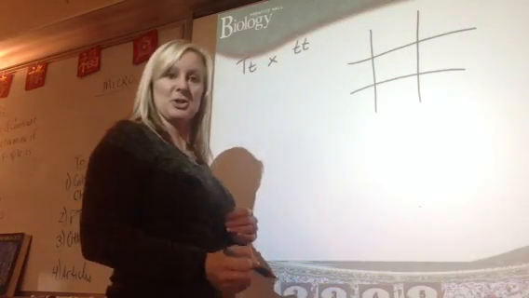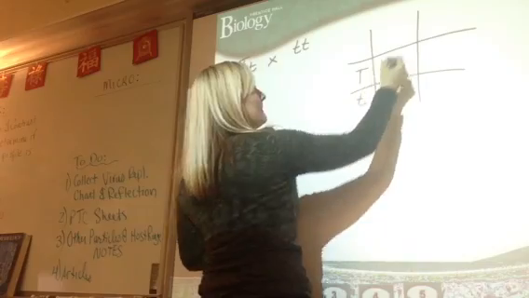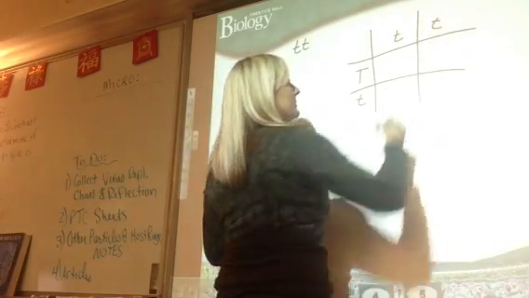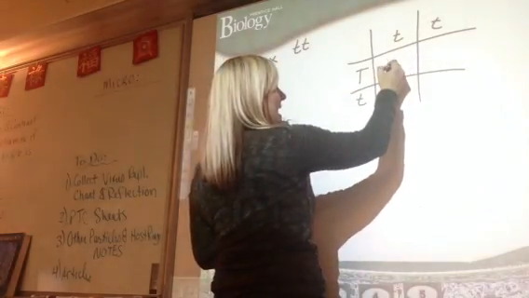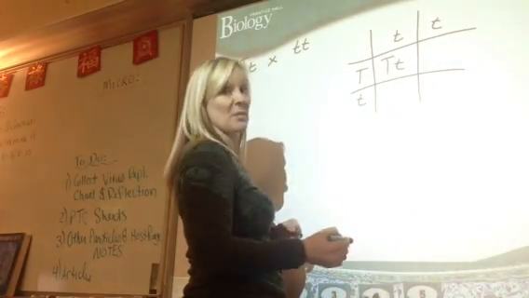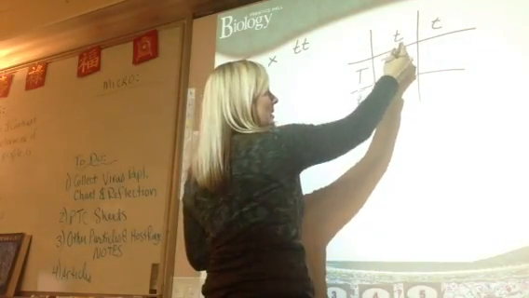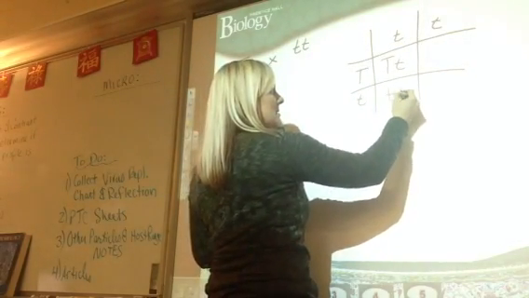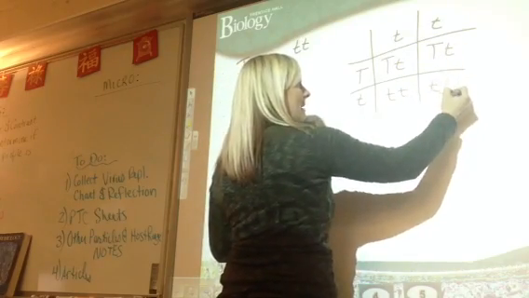Do this one on a separate sheet of paper, see if you can get it. 1 parent, 2 parents, second parent, right? I bring my alleles down and over. Always write my dominant allele first. Bring the lowercase t and the lowercase t down and over, here, and here.